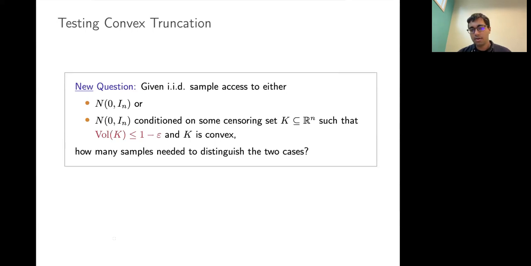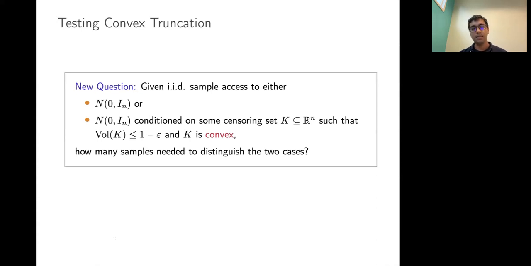And we're also requiring that the set K is convex. So again, when you're thinking in high dimensions, convexity is the simplest geometric condition you could enforce on a set. So it's a very reasonable, very natural assumption to make. And we're asking, well, how many samples do you need to distinguish between these 2 cases?